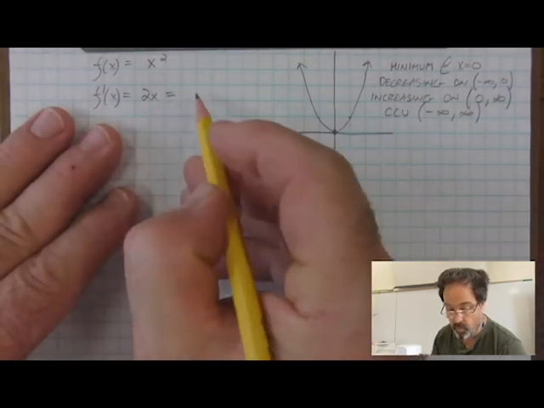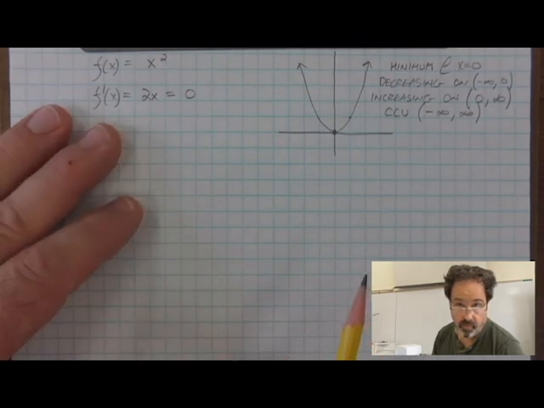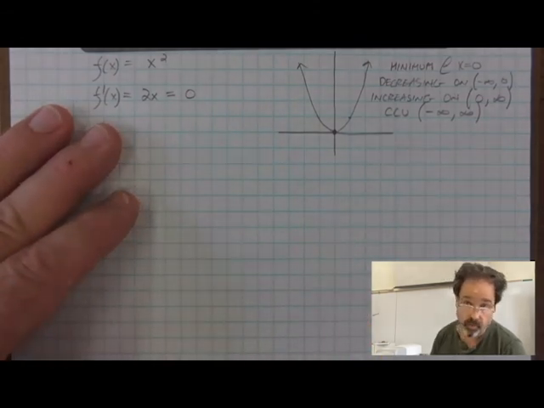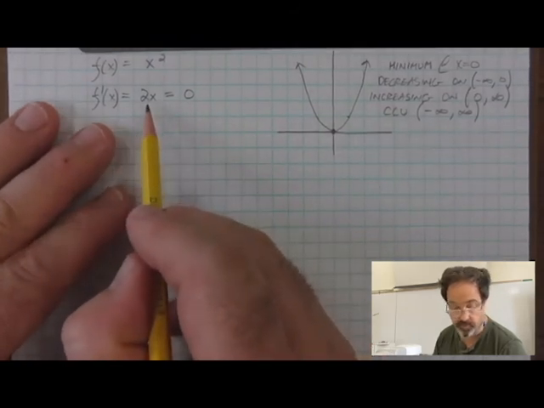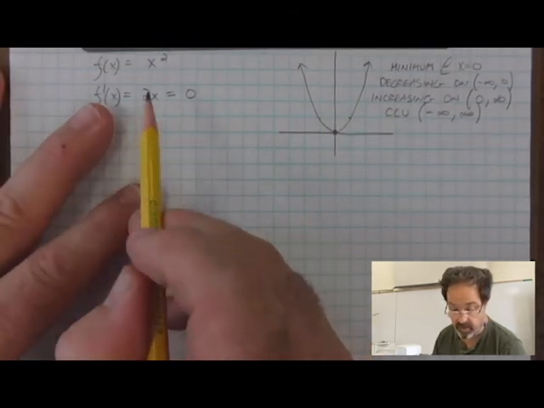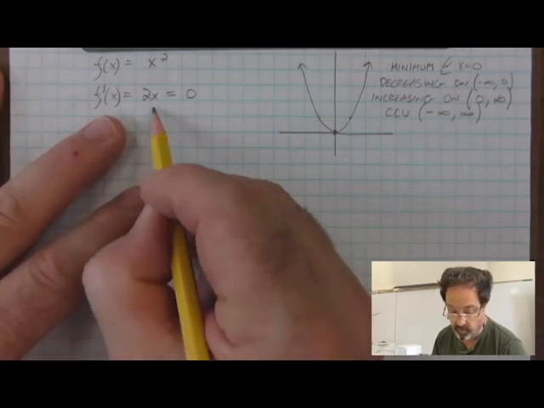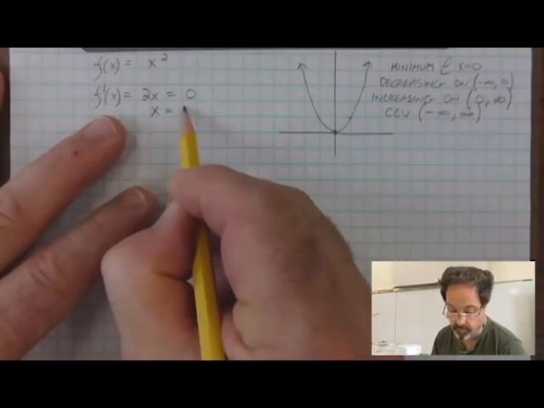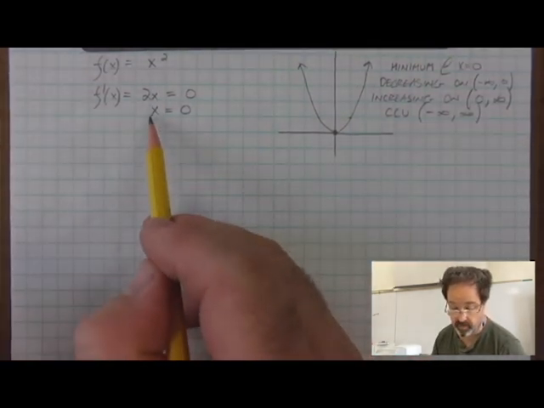Well, where a function's derivative is equal to 0 are places that we would look for minimums and maximums. So if I have the expression for the derivative, 2x, and I set the derivative equal to 0 and find all of those x values where the derivative is 0, in this case I get one value of x.